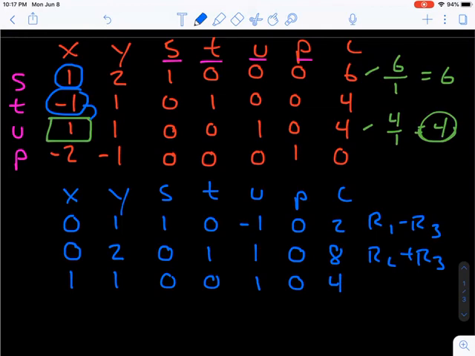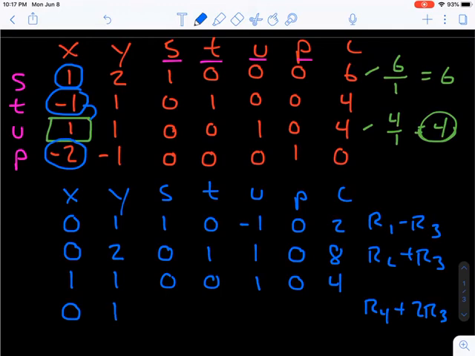And finally, we need to turn negative 2 into a 0. So it looks like I do row 4 plus 2 row 3. And so row 4, negative 2 plus 2 times 1 is 2 is 0. Negative 1 plus 2 times 1 is 2 is going to give me a 1.